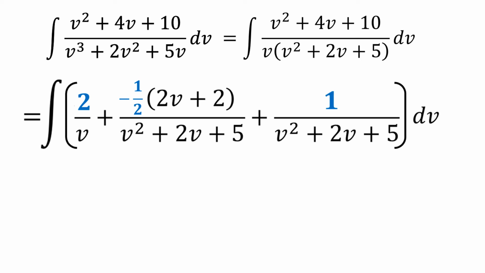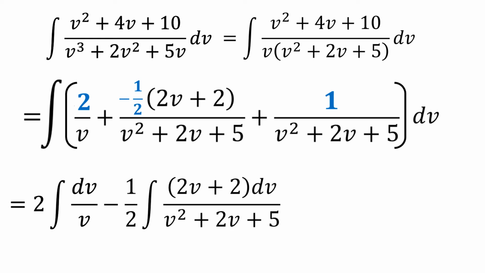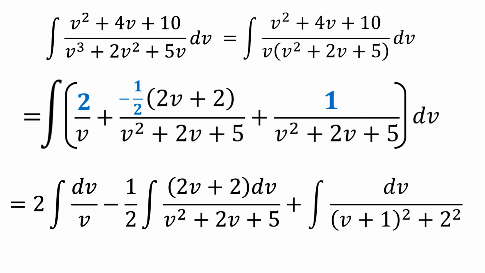If we expand the integral further, we take the first term to be 2 times the integral of dv over v minus 1/2 times the integral of the quantity 2v plus 2 times dv all over v squared plus 2v plus 5 plus the integral of dv all over the quantity v plus 1 squared plus 2 squared.